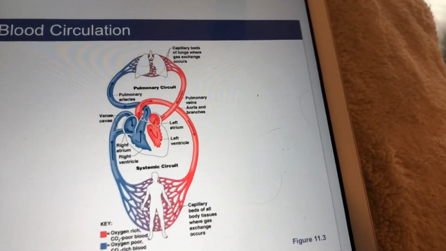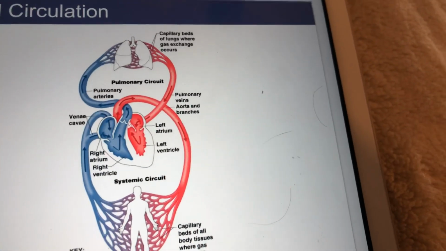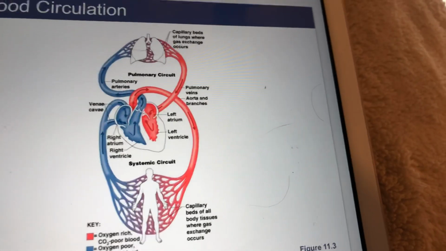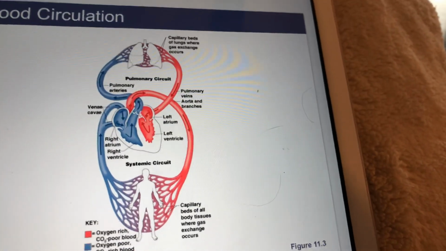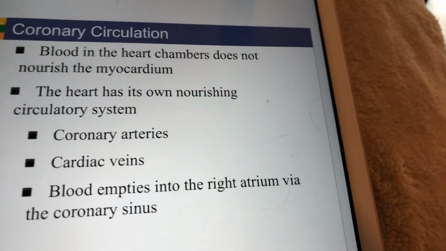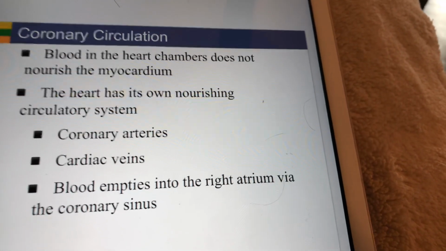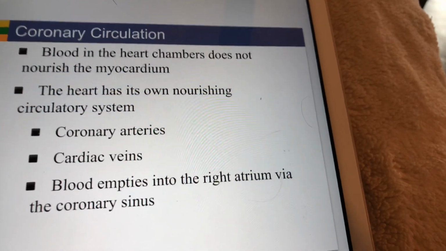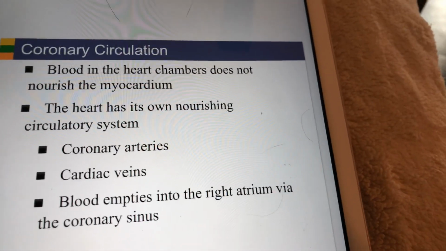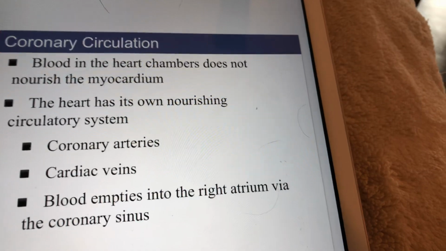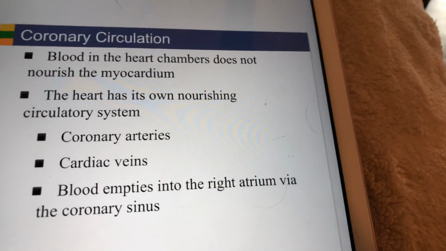I know we talked about blood circulation in the pulmonary versus systemic circuits, so I'm going to move on from that. And I think the first thing that you had on your notes is coronary circulation. Remember, the heart pumps blood to the body, but remember the heart itself needs circulation as well.